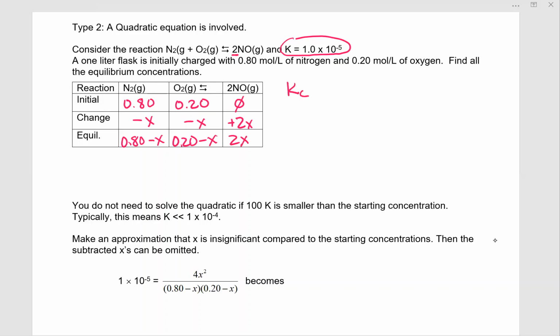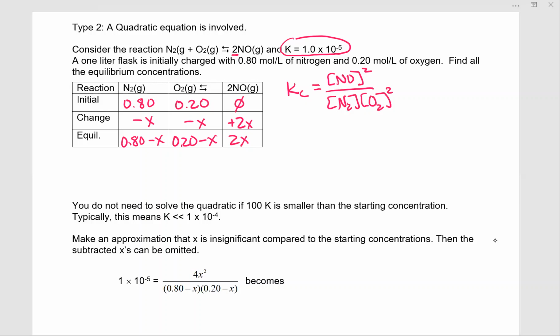Okay, so now we're going to write out our expression for Kc. Kc is NO squared over the nitrogen concentration times the oxygen concentration.